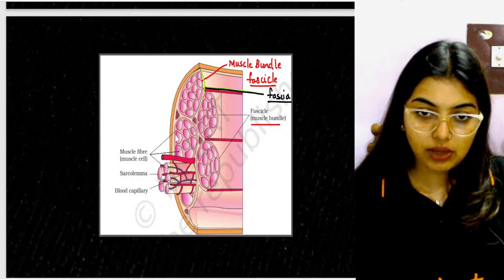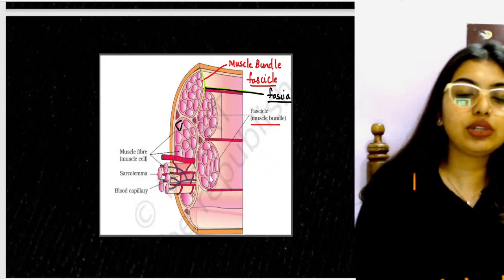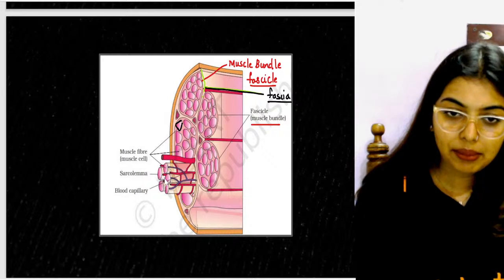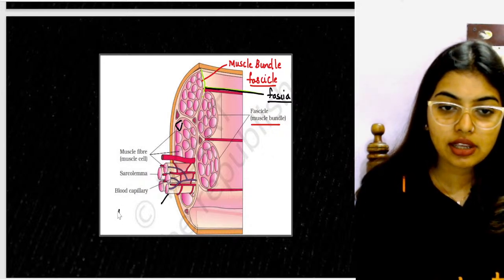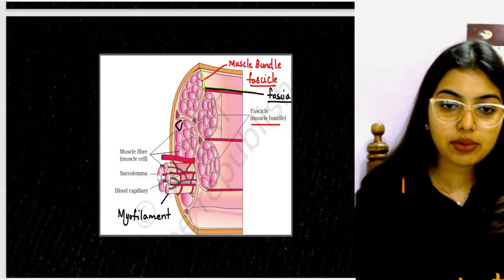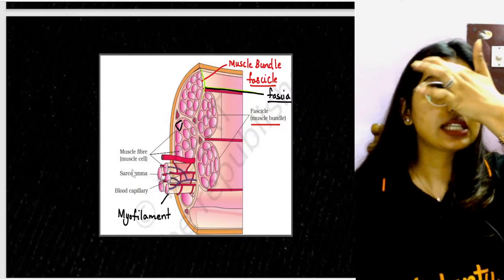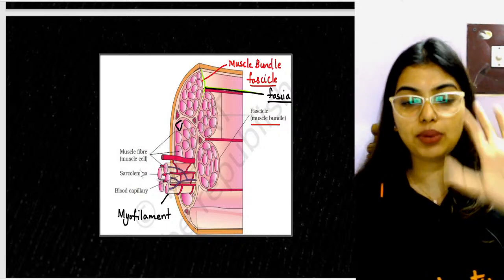Now students, these circles are the muscle fibers. If I remove one, you're going to see many myofilaments, and you will be able to see the sarcolemma, the outside plasma membrane, and the sarcoplasm.